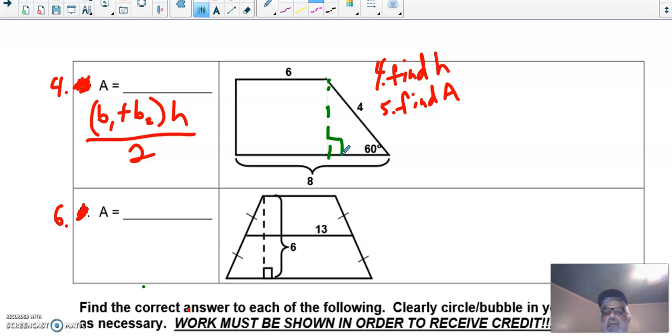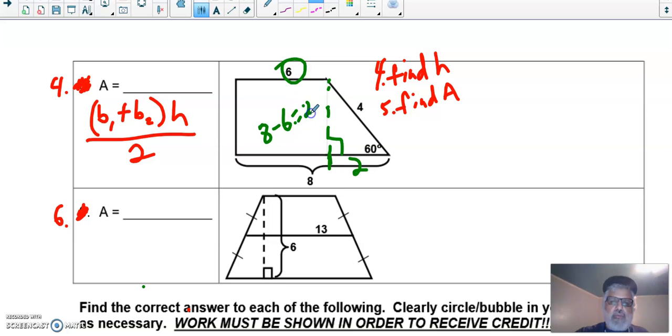And guess what we're going to use? We're going to use our special right triangles again. There's my 60, goes straight across. I have to know what this is. If this guy is 6 right there, that guy is 6, then that means that this guy is going to be 2. And how I got that: 8 minus 6 is equal to 2.